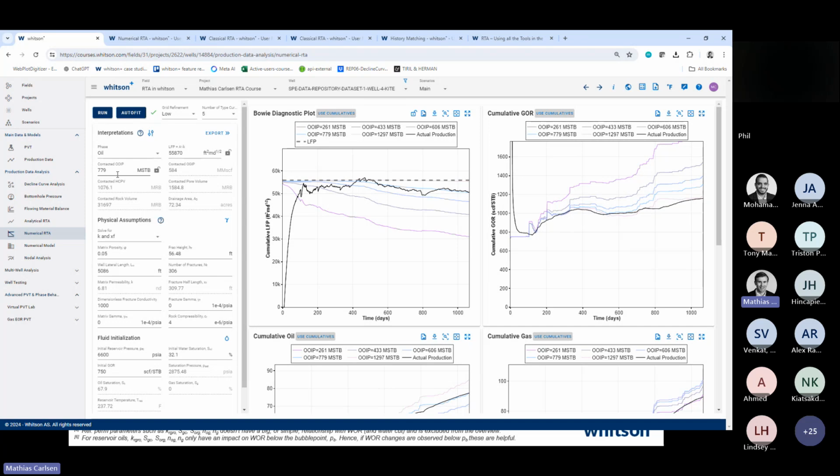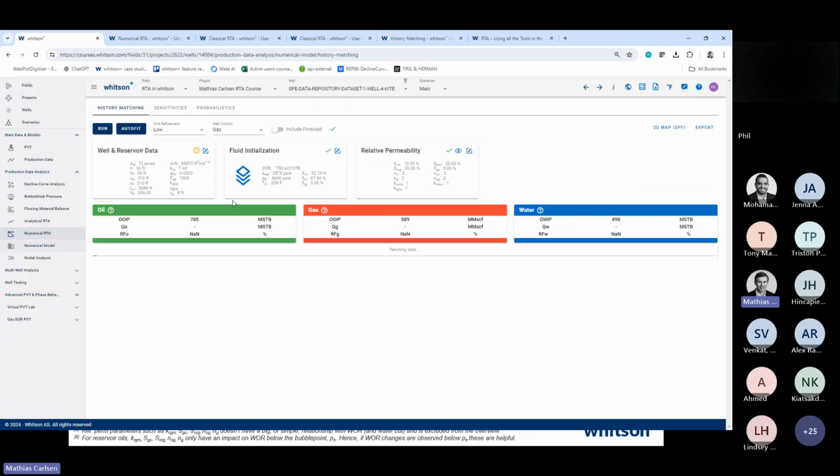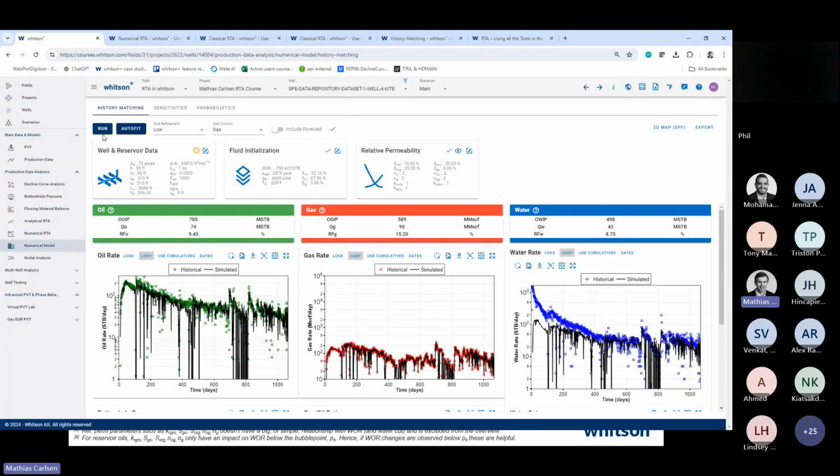Typically, you will get a larger contacted pore volume when you account for multi-phase flow and superposition. And again, everything here is in real time, so it's easier to interpret. And when you want to bring this into your numerical model, you click yes here, and then this will be your history match on the first run.